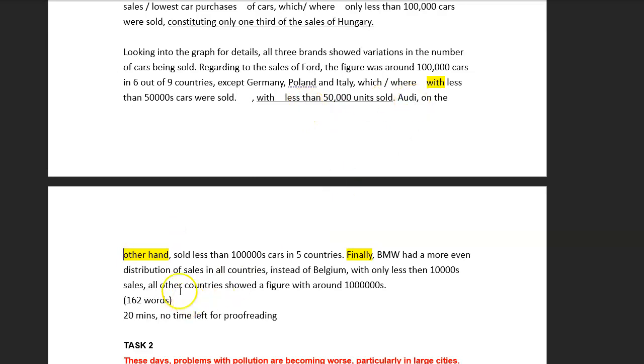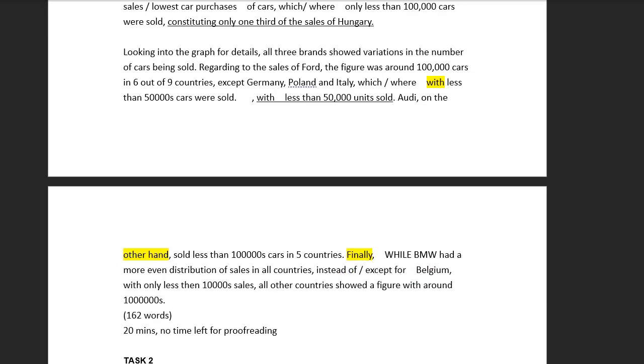So you can say Audi sold less than 100,000 in 5 countries, while, use this lovely connecting word here, while BMW had a more even distribution in all countries except for, not instead of, except for Belgium. Yep. So I would say and, except for Belgium, so you need to connect this. Showed a figure of around here.